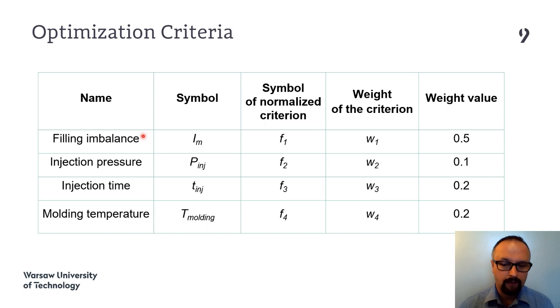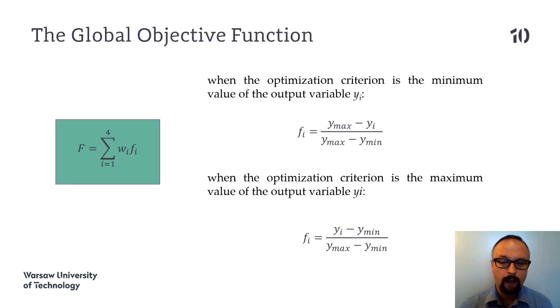Because all of these parameters are in different units and in different ranges, we need to normalize them somehow. And we do it like that. When we want to reach the minimum of our criterion, we use this equation, and if we want to reach a maximum value, we use this one. They are pretty common rules, so I think I don't need to explain them very much.